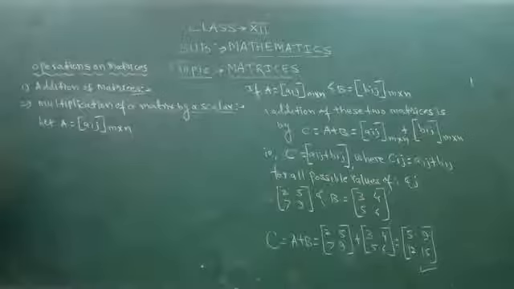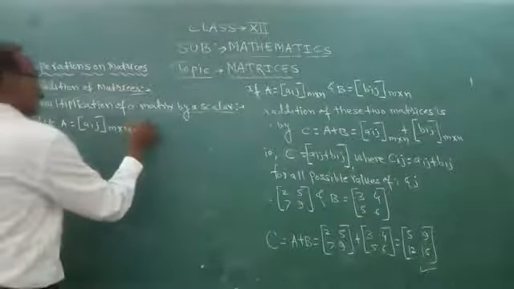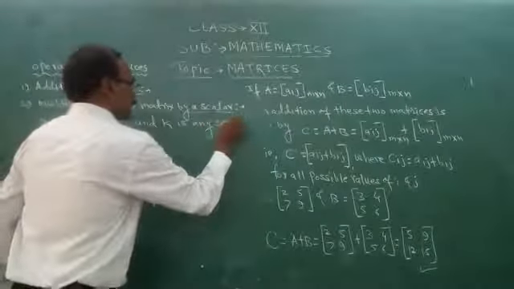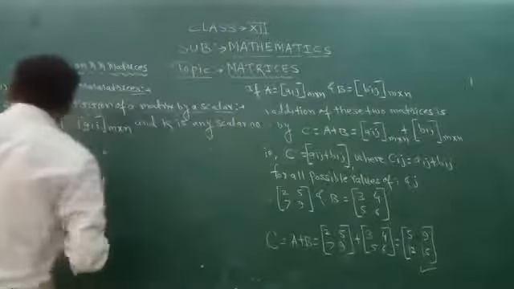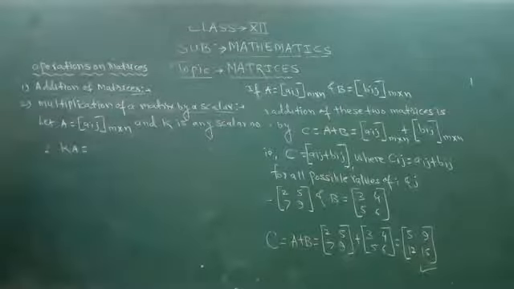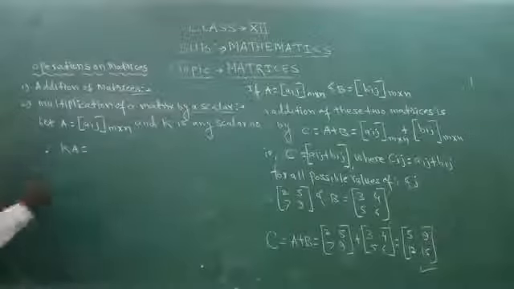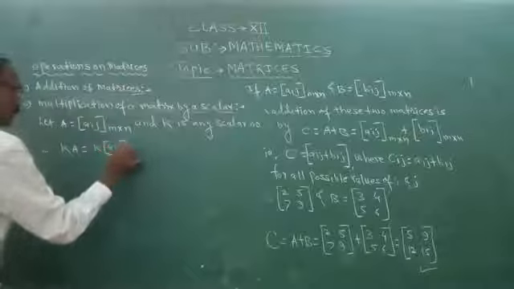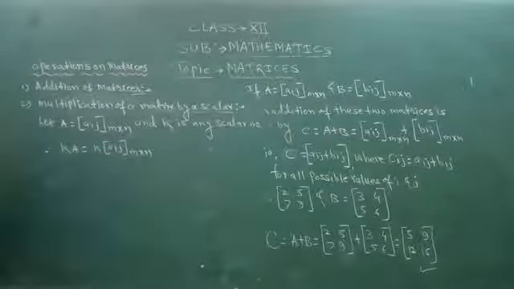Okay, m by n, and we want to multiply this matrix by small k, and small k is any scalar number. Then this k into A, multiply this matrix A by this k, that will be equal to k into Aij of order m by n.